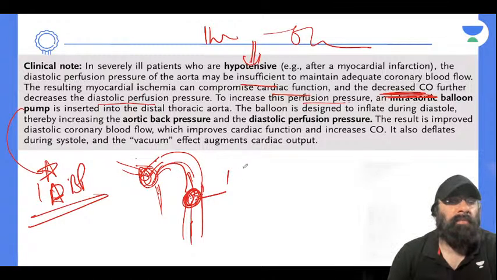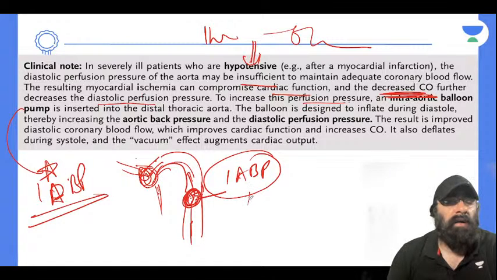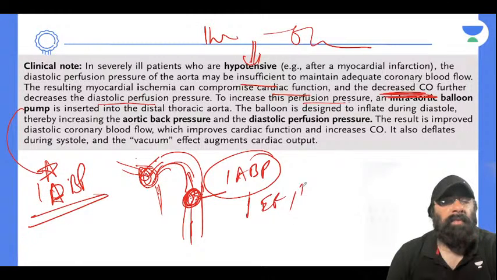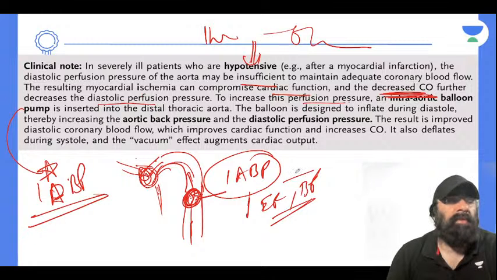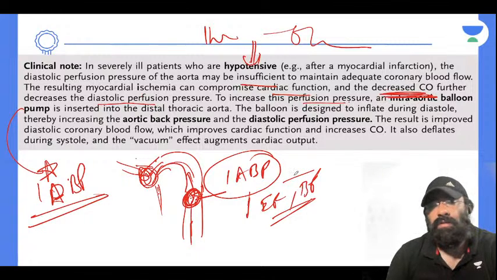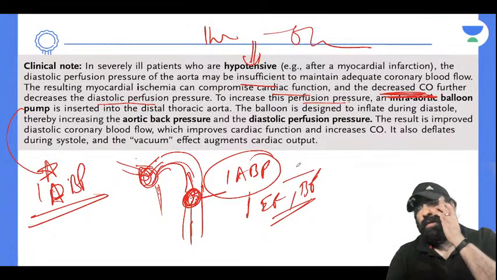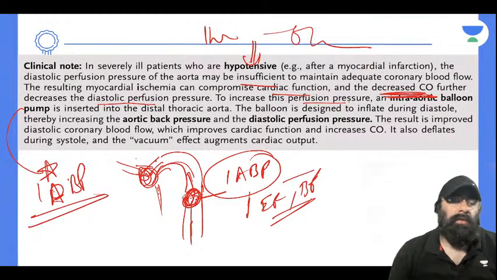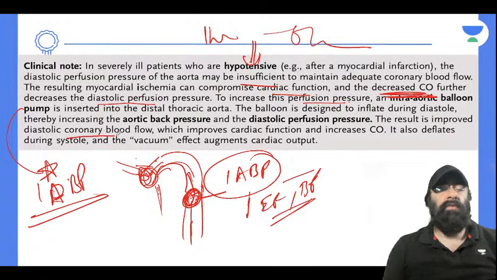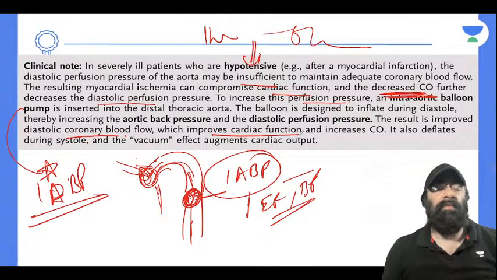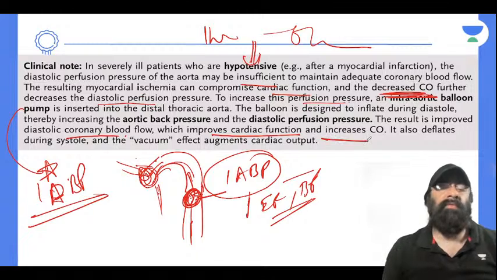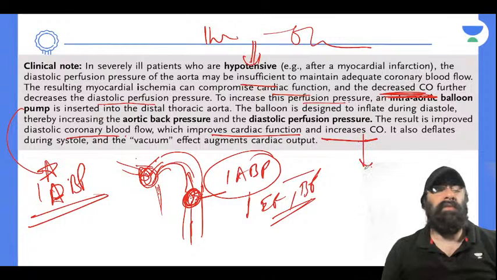So the intra-aortic balloon pump is used sometimes in patients with very low heart function, very low ejection fraction, very low blood pressure, in cases where we need to do angioplasties or bypass surgeries, CABG. So IABP can improve the diastolic coronary blood flow, which can in turn improve the cardiac function, which can in turn increase the cardiac output, because that is important for the patient to survive.